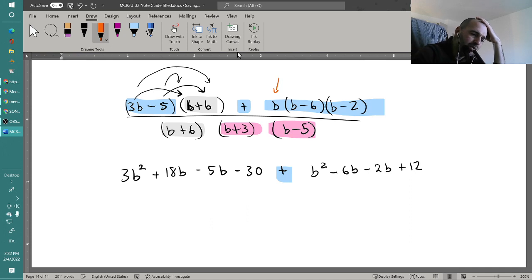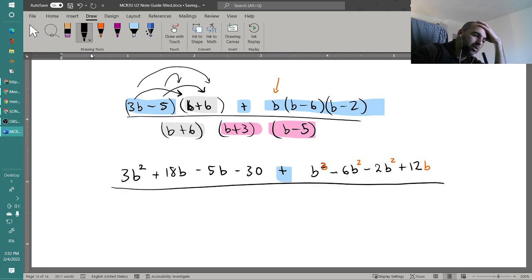So if I do that, each one of these becomes bigger. So this becomes b to the third, this is a b squared, and so forth, okay? And this is now what we're looking at, okay?